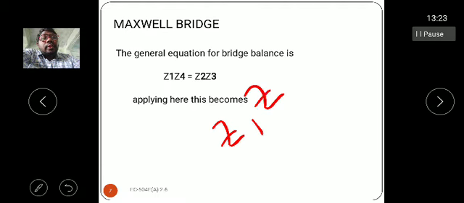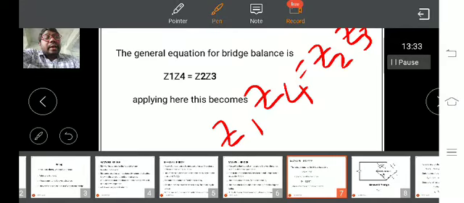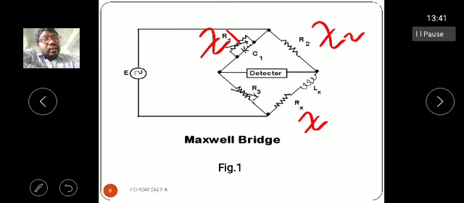In general, the equation for the Maxwell's bridge is Z1 Z4 equal to Z2 into Z3, because the bridge is balanced. Here this is Z1, this is Z2, Z3 and Z4.